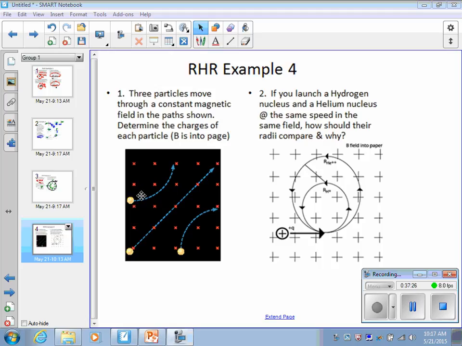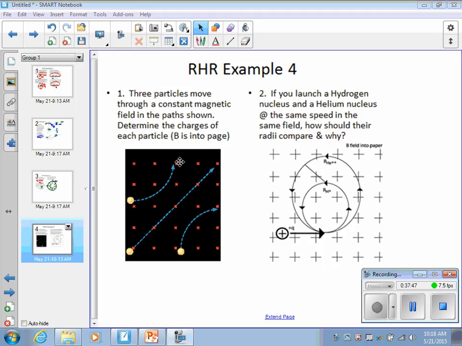So this guy here is curling around like this, curling in what direction would we say this? I mean, clockwise or counterclockwise? Which one? Counterclockwise, yes. Okay, good.